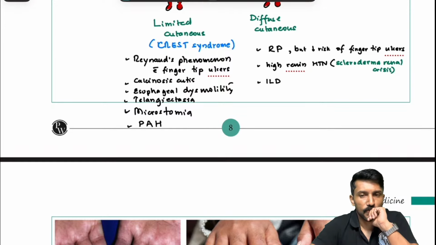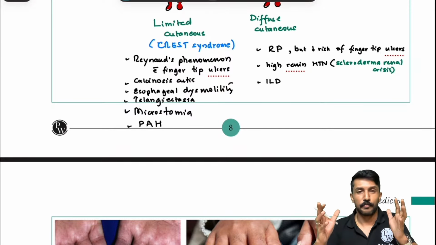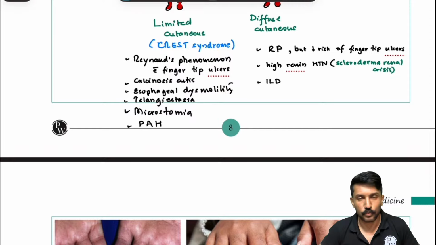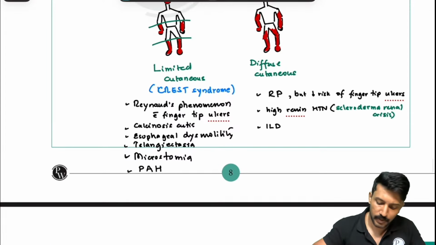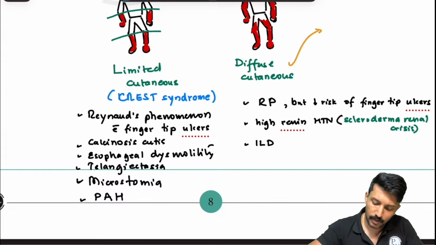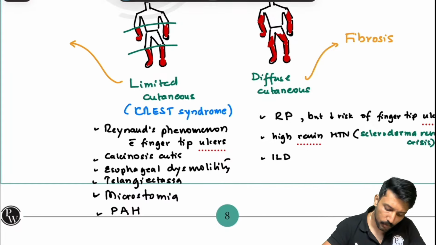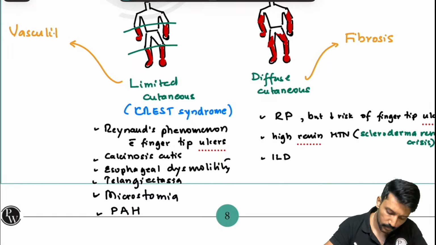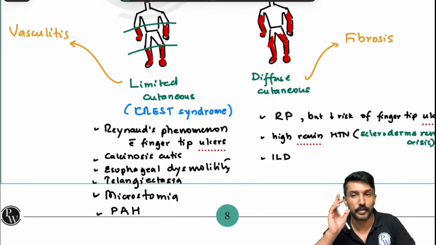Okay. Now, how do I remember? I may get confused between these and that, right? So, the most important thing you have to remember is whenever diffuse cutaneous comes to your mind, think about fibrosis. And whenever limited cutaneous comes to your mind, think about vasculitis. Don't write it in a theory paper. I'm just giving you a hint to remember.